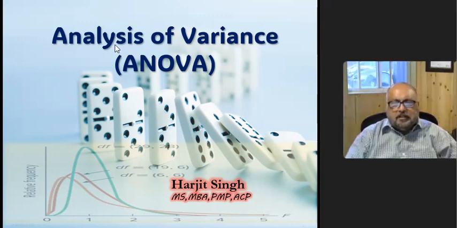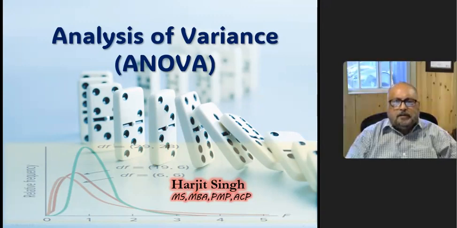So if you can see this here, what you have is AN analysis of variance. So ANOVA in short form, AN for analysis, O for of, VA for variance. That's what ANOVA is. Finally, we will learn how to use confidence intervals to compare differences between pair of population means.